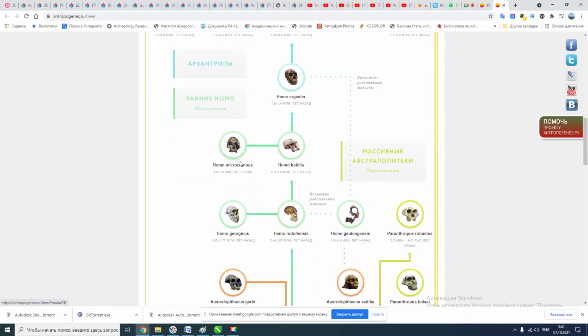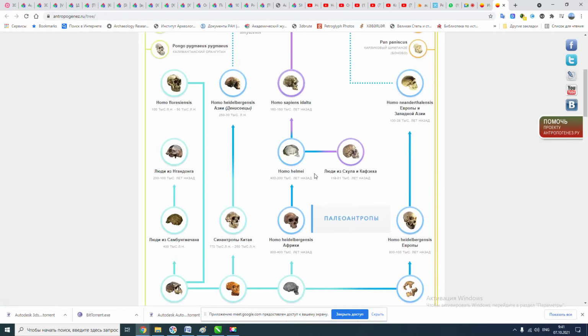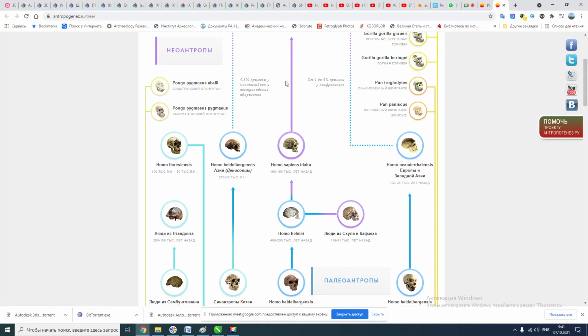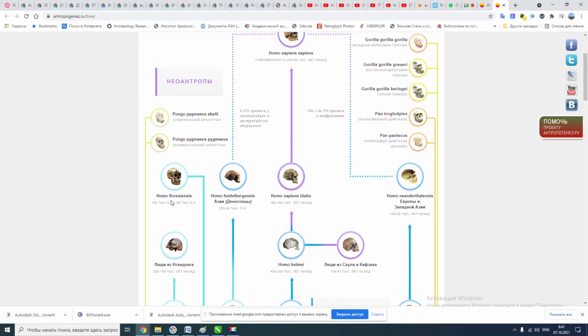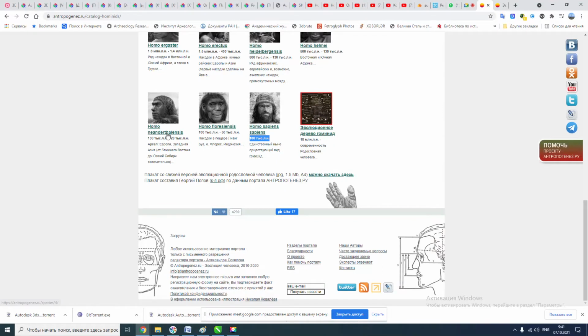Some of them stopped, as you see here. What I want to say is that, somewhere around 50,000 years ago, we had neighbors, for example Homo neanderthalensis. You see, 28,000 years ago, they died.